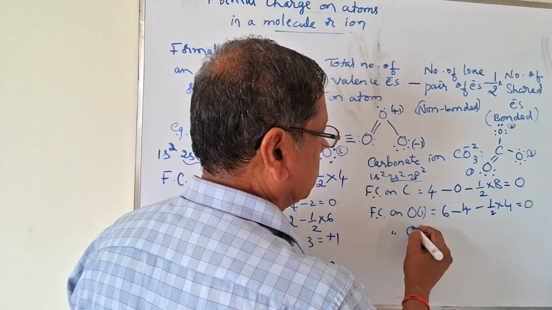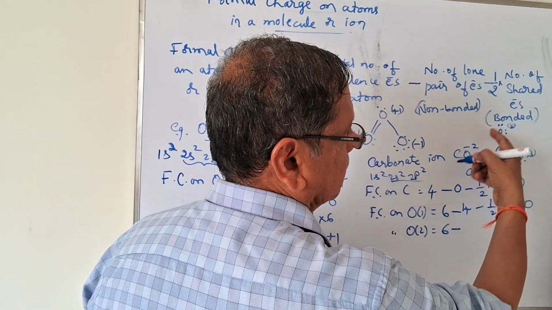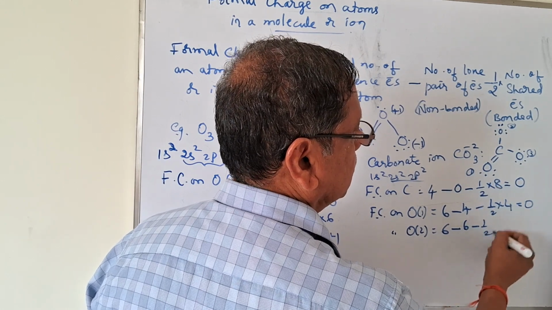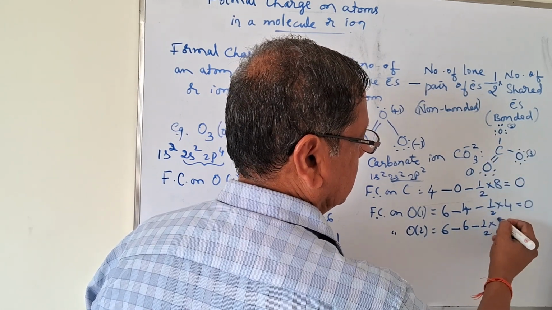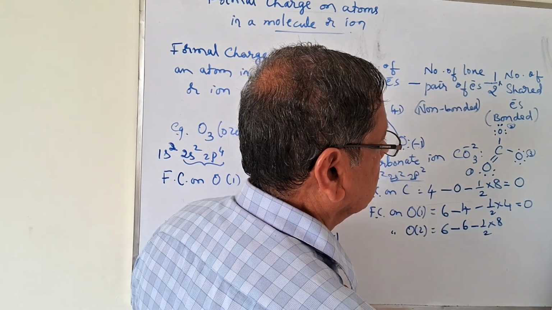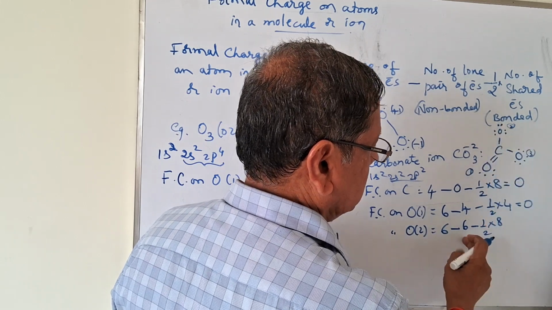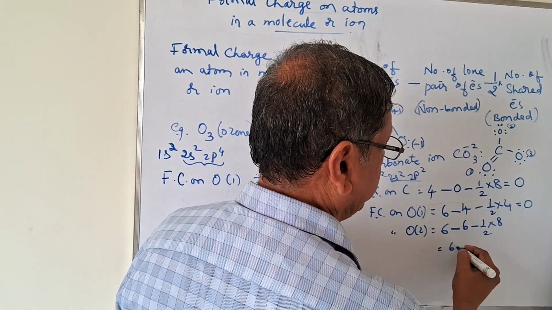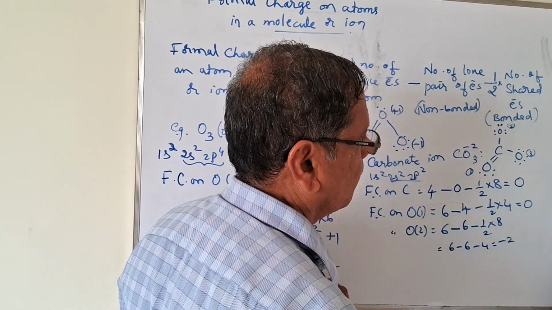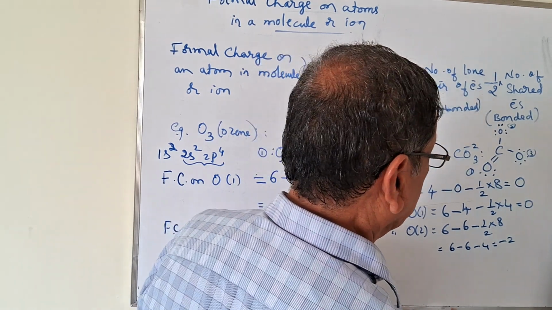For the oxygen atom 2, again 6 minus the number of lone pairs 6, minus half into the number of bond electrons.